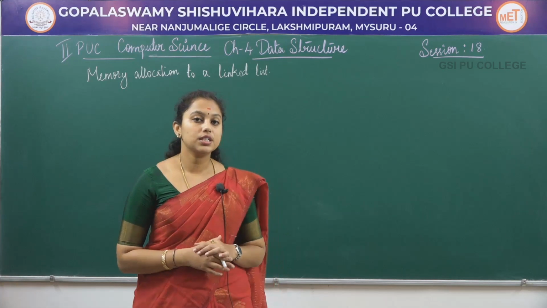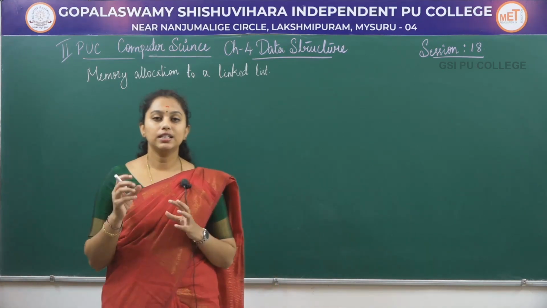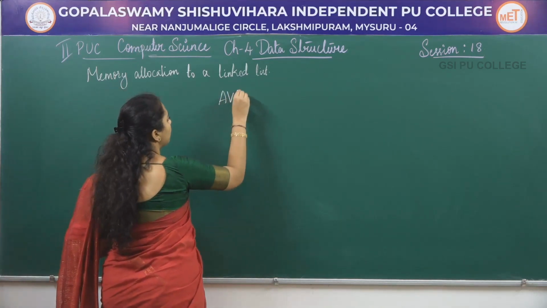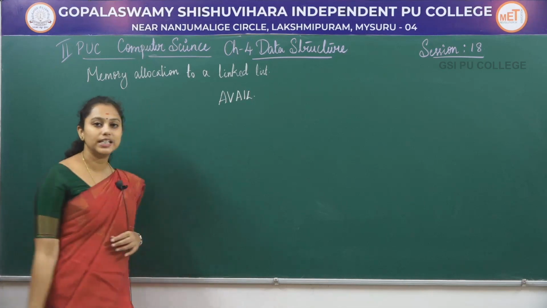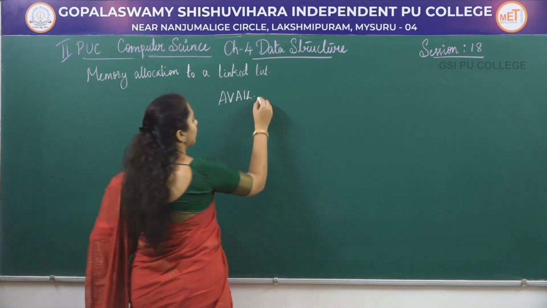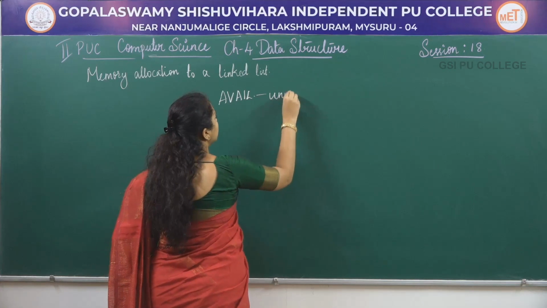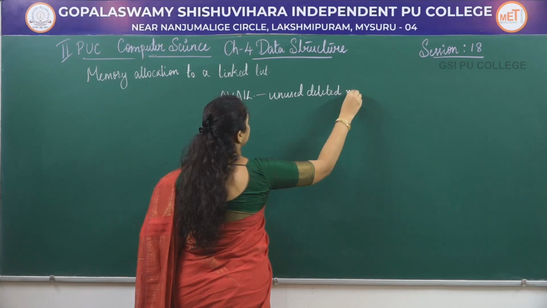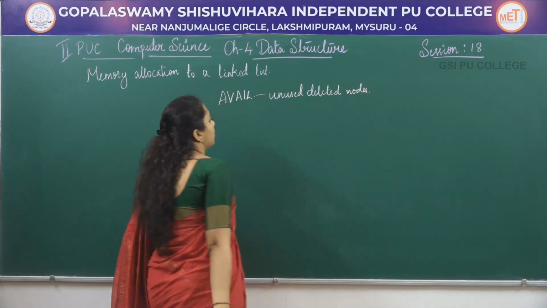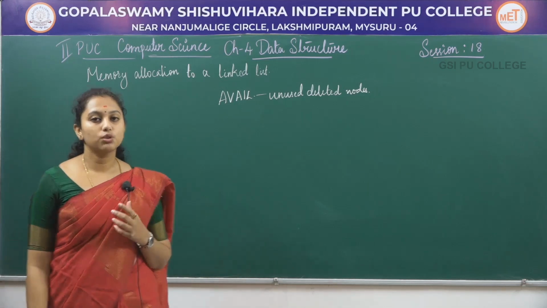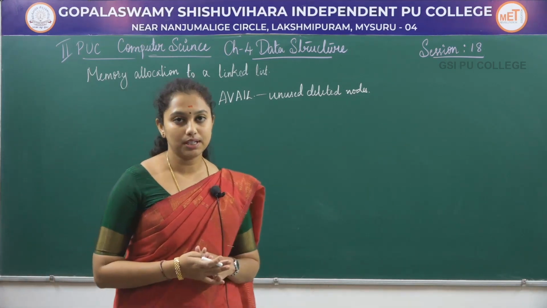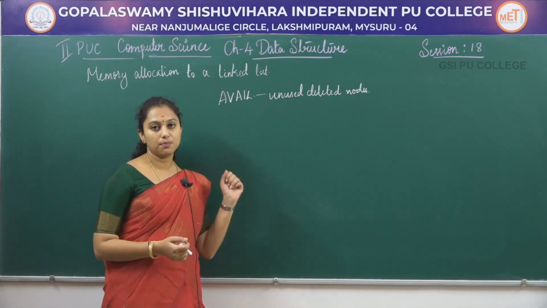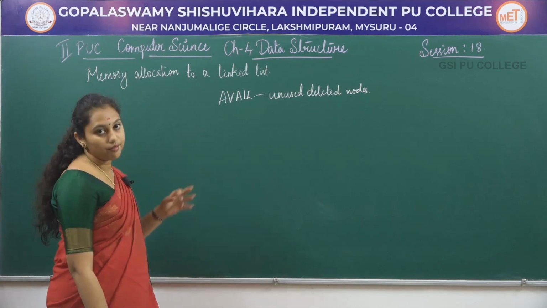So, the computer system maintains a list called a avail list, where it is going to store only the unused deleted nodes. Whenever nodes which are no longer needed are deleted from the linked list, that memory space is going to be stored in the avail list.